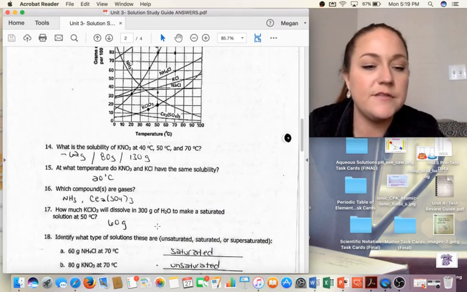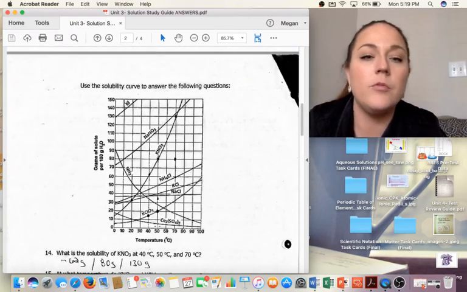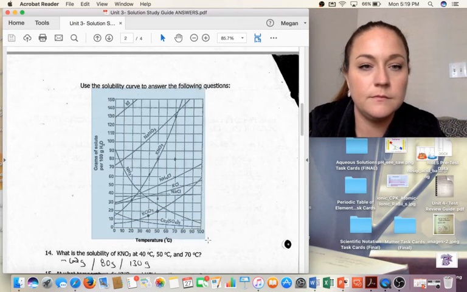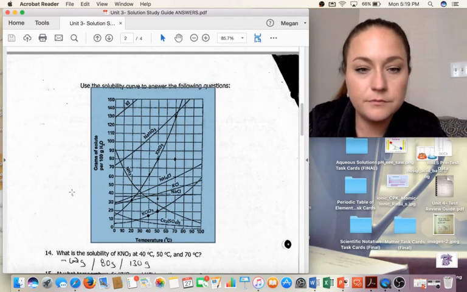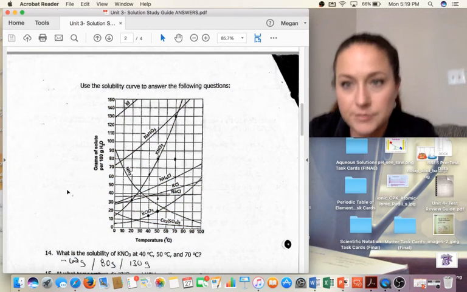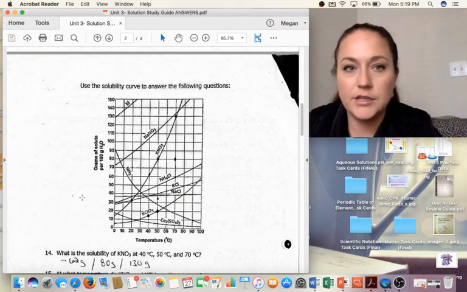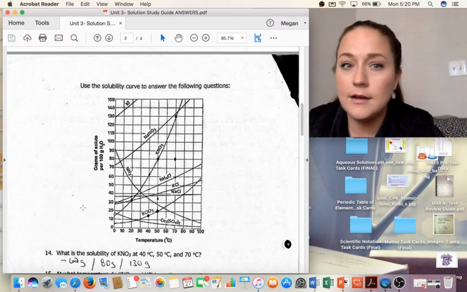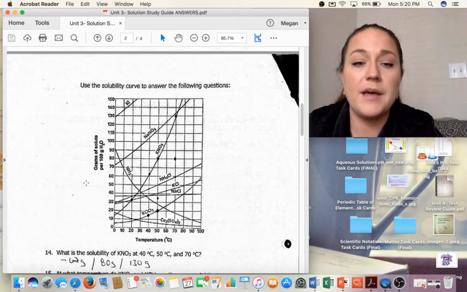Questions 14, 15, 16, 17, and 18 all refer to this beautiful solubility curve. If you do not know how to read this, I lovingly, strongly suggest that you definitely watch some videos on it and discuss, message me about this.